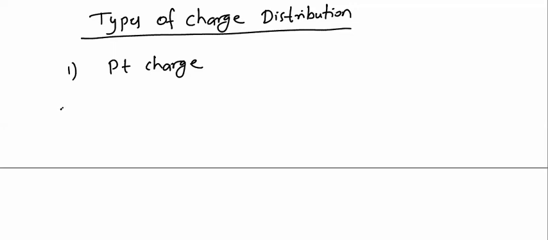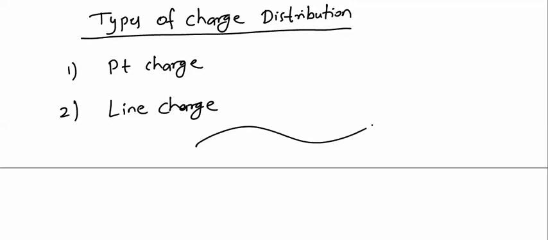Then second is line charge. Line charge is nothing but charge distributed in one dimensional axis. So suppose this is a line charge.